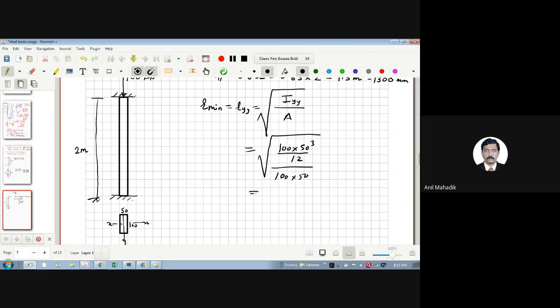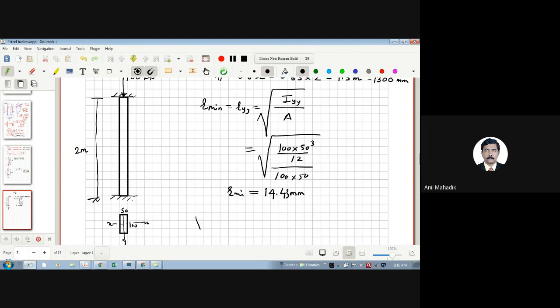How much will it come? 14.43. R minimum value.